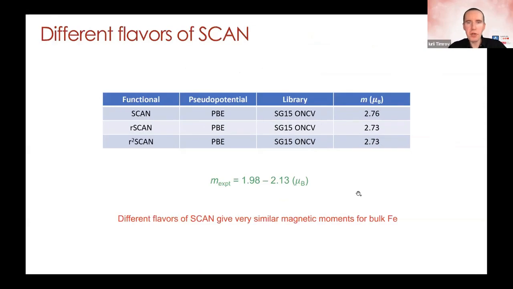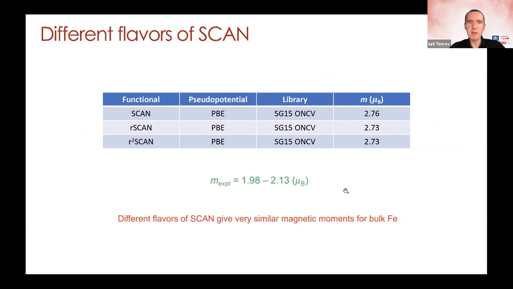And again, out of curiosity, we can check the performance of r-SCAN and r2-SCAN. We see the values change a little bit, not much, but this whole family of meta-GGAs overestimates the magnetic moments of itinerant magnets.